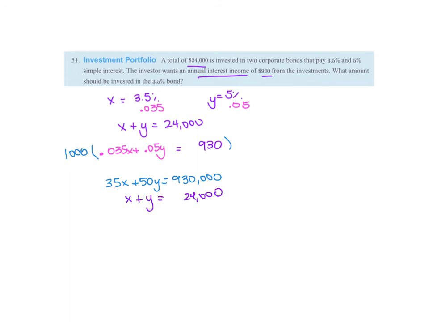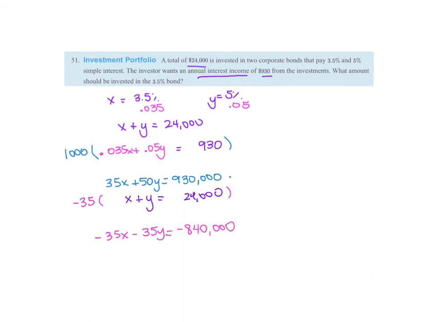So I'm going to go ahead and solve for y by canceling out our x. I'm going to multiply the bottom equation by negative 35. So that will become negative 35x minus 35y equals, and then you plug it in your calculator, negative 840,000.